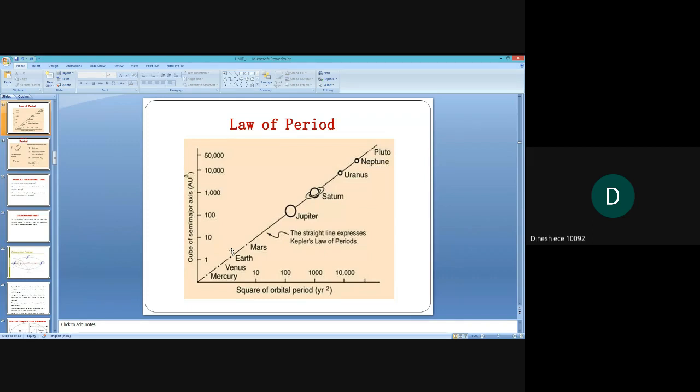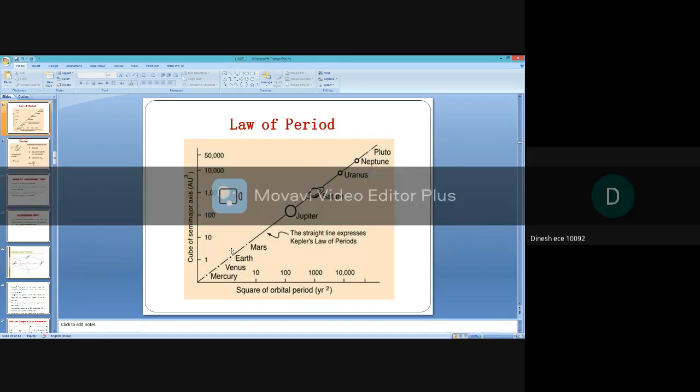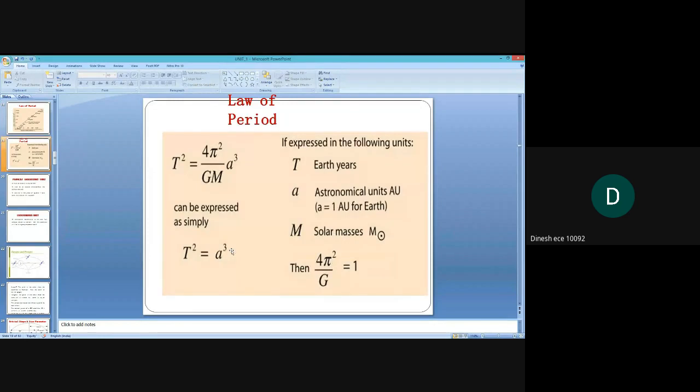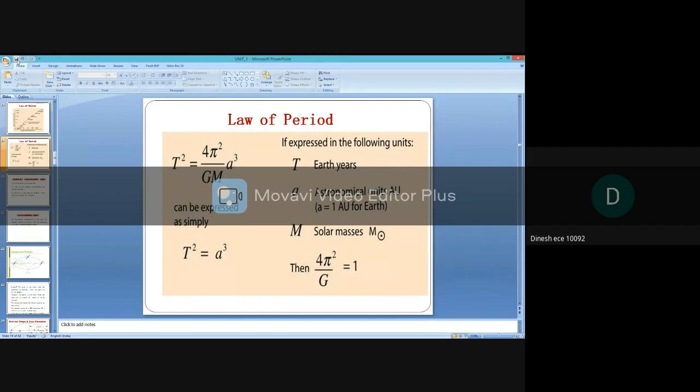The period from Mercury, Venus, Earth, Mars, Jupiter, Saturn, Uranus, Neptune, all the planets are placed. The straight line represents Kepler's law of periods. This period is given by T, in Earth years. So with respect to the Earth's rotation and the period of rotation, it is evolved.